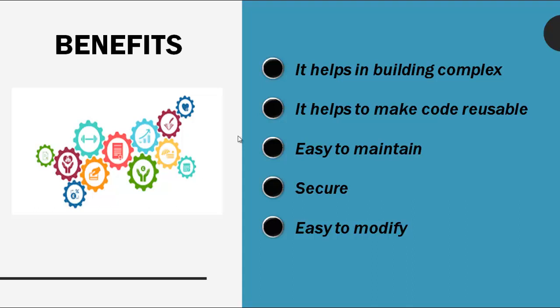If you do a project in OOP, the next developer who sees it will find it easy to manage your website and modify it. If you use procedural PHP, it will be like a hodgepodge, everything in a congested way, so it will not be easy to manage that website, and it is also not secure.